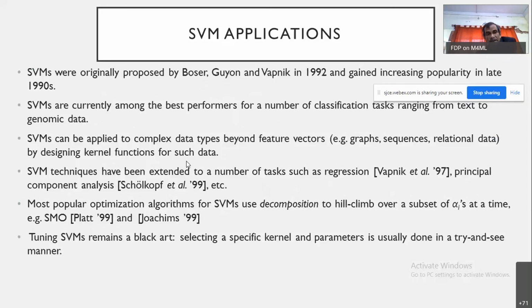If you look at the applications, there are plenty, not 1, 2, 3, but 10, 20, 100, in any and every field you will see that SVMs are becoming much more powerful. If you are a computer scientist, you need a digital version of this sort of optimization algorithm, then SMO is very popular.